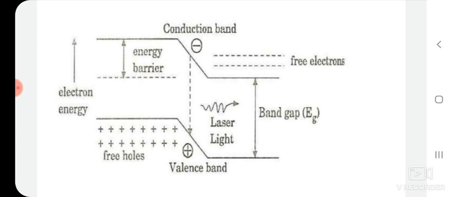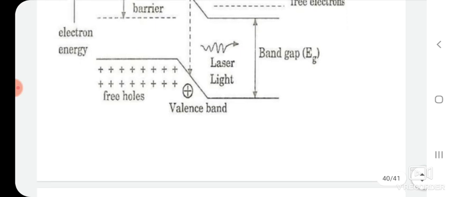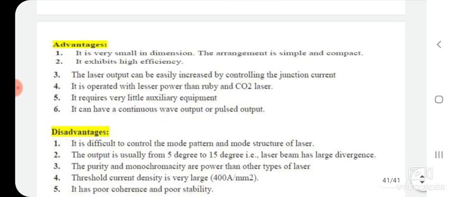So Eg equals hc by lambda, or lambda equals hc by Eg. On that basis, we can find out the wavelength of that laser diode. This is the working of semiconductor diode laser.